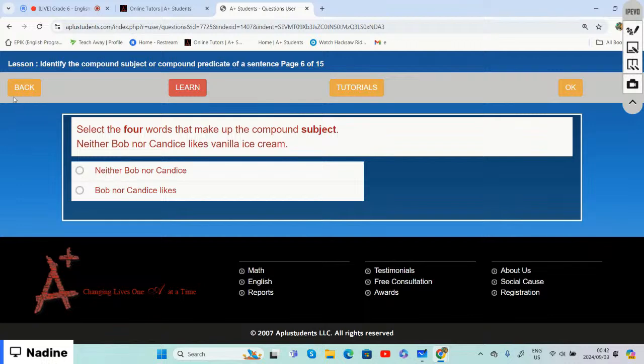All right. And lastly, we need to select the four words that make up a compound subject.